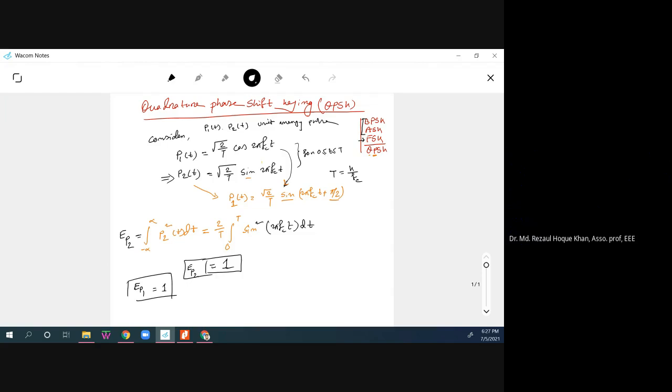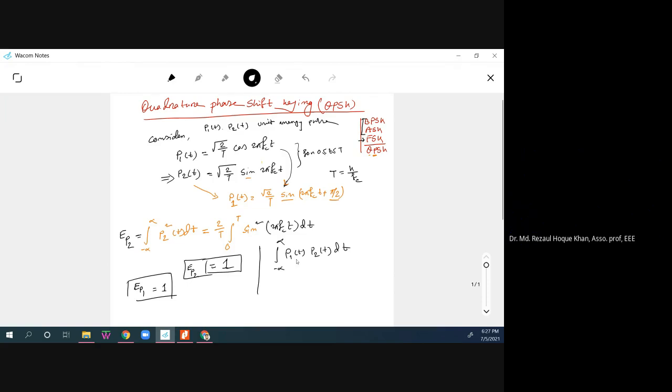So what should be their inner product, integral from minus infinity to plus infinity of P1(t) P2(t) dt? Of course, eventually it will be 0. I'm not solving it.